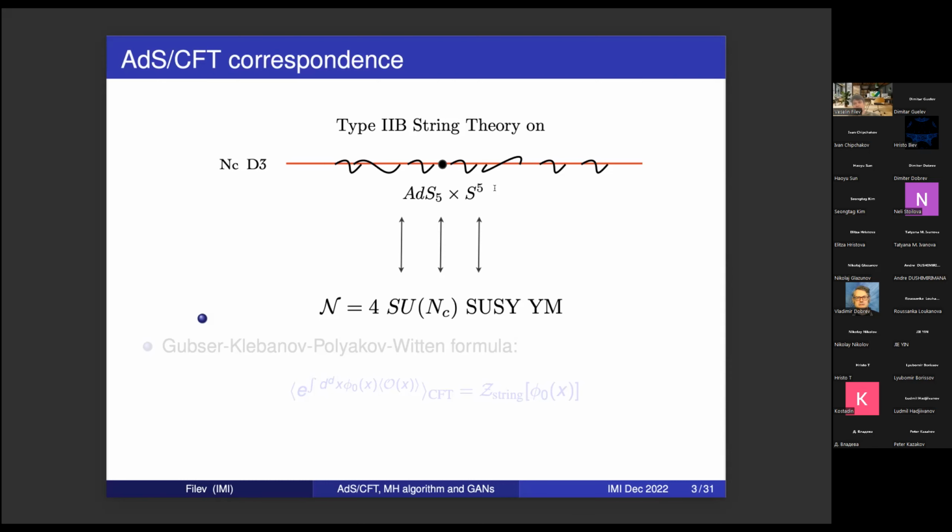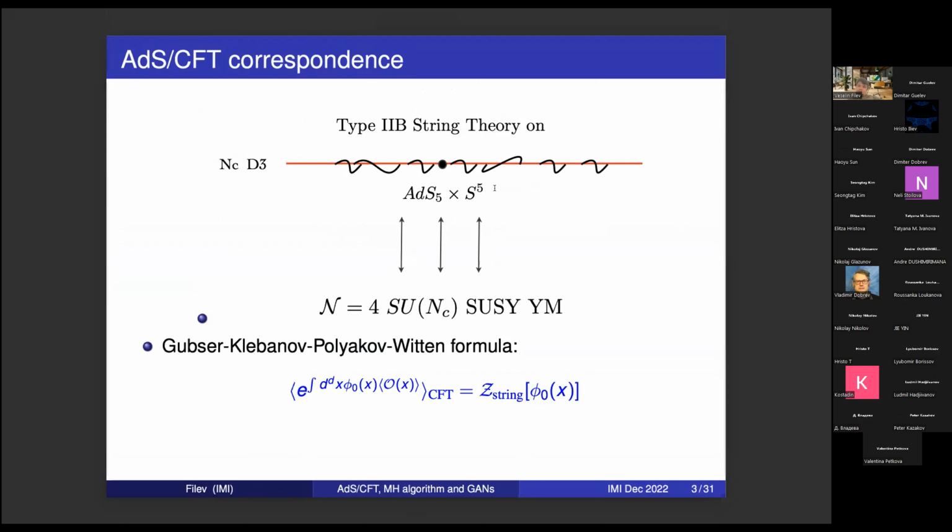And the way it works is it uses this AdS CFT dictionary. This is the formula proposed by Gubser, Klebanov, Polyakov and Witten. On the left-hand side you have the generating function of the dual conformal field theory, which is just your partition function with some sources. And on the right-hand side you have a representative of these sources and the tree-level partition function of supergravity.